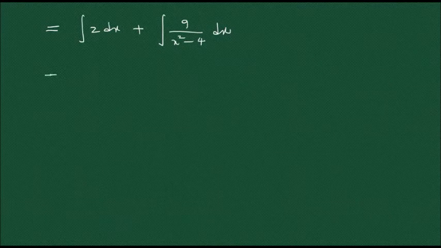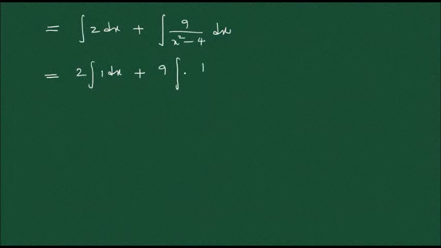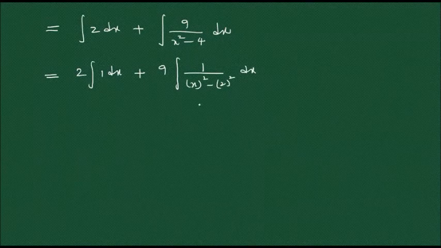Now if you look at this, this is integration of 2 dx plus 9 I am taking out, 1 by x whole square minus 2 whole square dx.